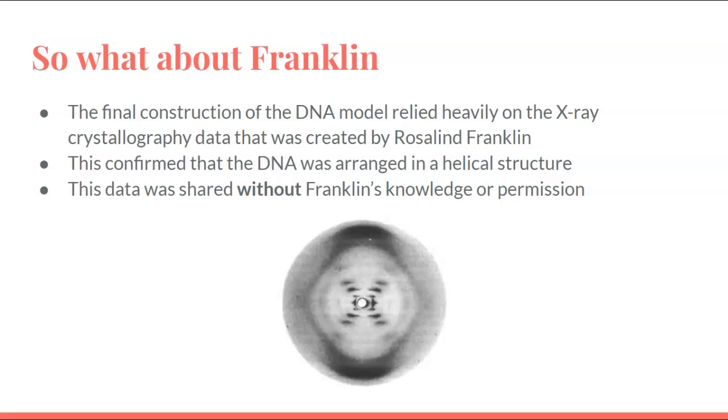So they got the credit for her work, and the worst part about all of this is eventually they went on to win the Nobel Prize for determining the structure of DNA. And so Watson and Crick and Wilkins, Franklin's partner, did get the Nobel Prize. Now you're probably like, whoa, was it because she's a woman?